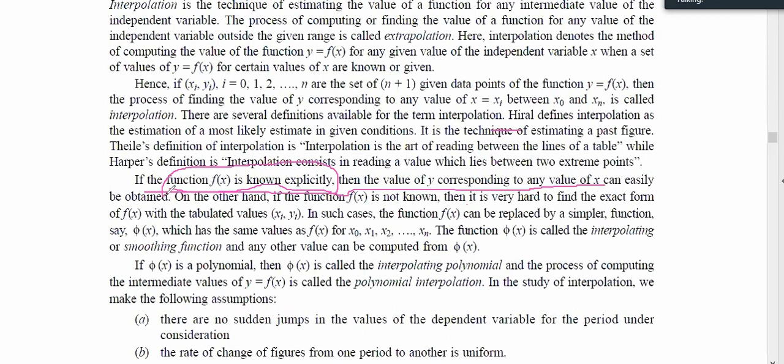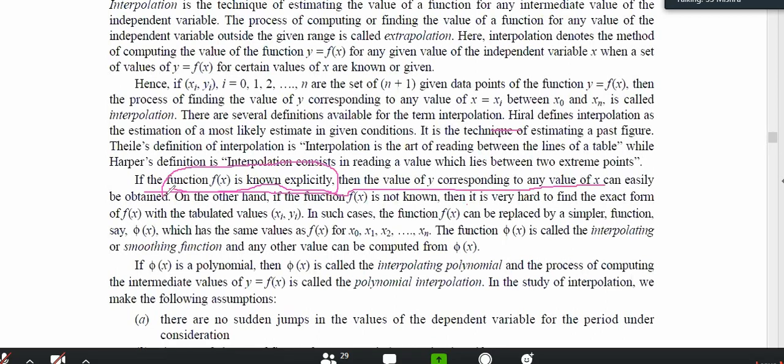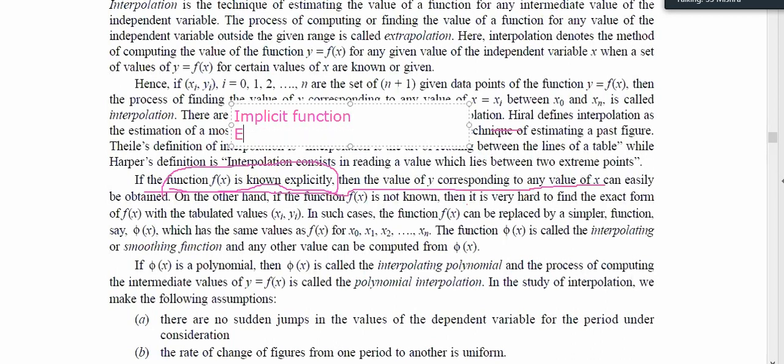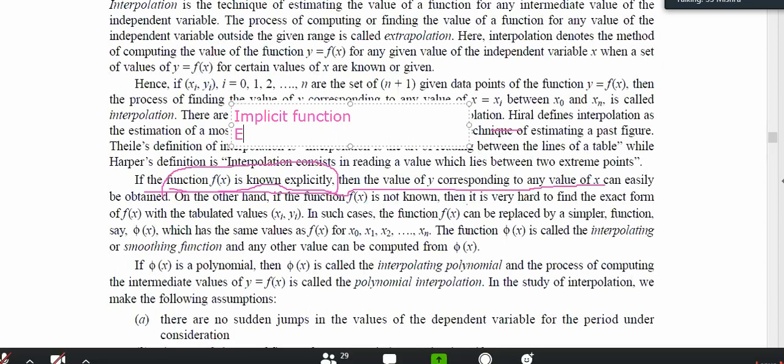When we start discussing the concept of the function, we discuss two kinds of function prominently. One kind is the implicit function, another is the explicit function. There is no problem.